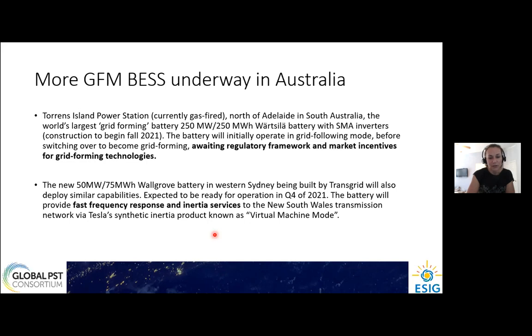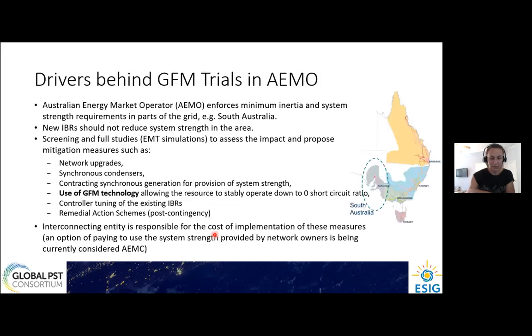The way it works in Australia, the fast frequency response service is a commercial service, and somebody will be operating that part of the battery. And then the inertia service is something that a transmission network owner can offer to inverter-based resources in the area that have a detrimental effect on system strength in the area. And I'll talk about this more on this slide.